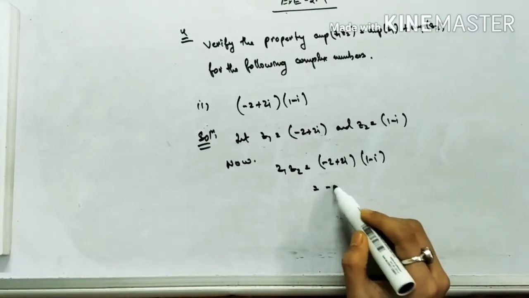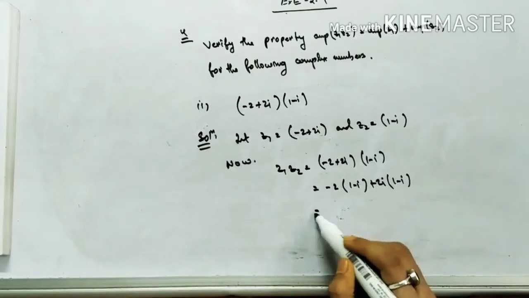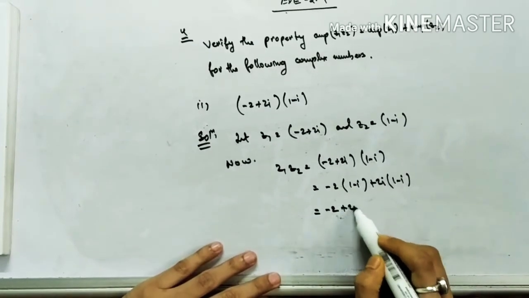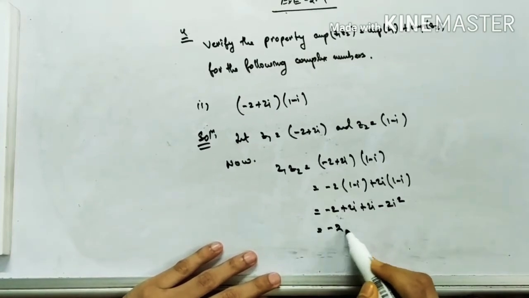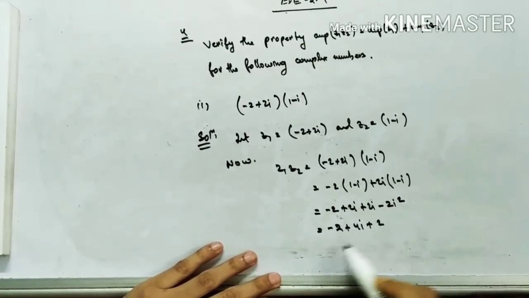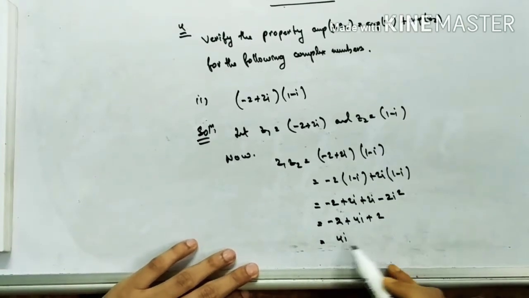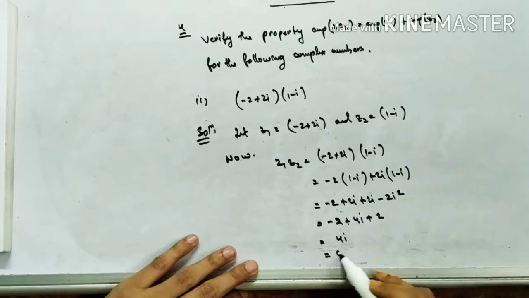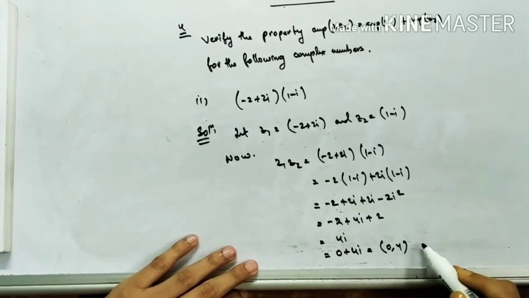Multiplying, minus 2 plus 2i plus 2i minus 2i square, which gives minus 2 plus 4i plus 2, so 4i is the answer. I can write it as 0 plus 4i, which is 0 comma 4.